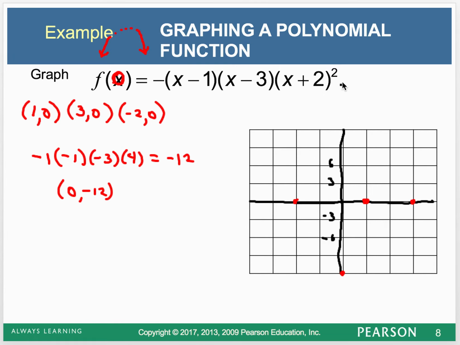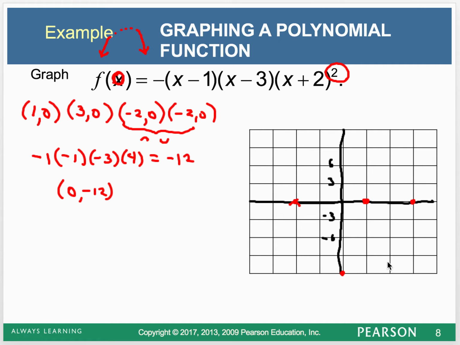Oh, and it does. Right. So that's why it's nice to make sure your graph will fit in. Really, there's 2 of these that's -2, 0. So I've got multiplicity right here. So I got to remember it's going to make a little U shape. So perfect. Coming up, so I'm going to go ahead and draw that in. Makes a little U shape, goes through here, and then it could go through there and up through here.